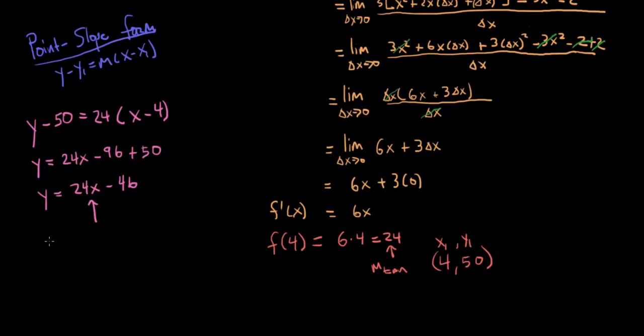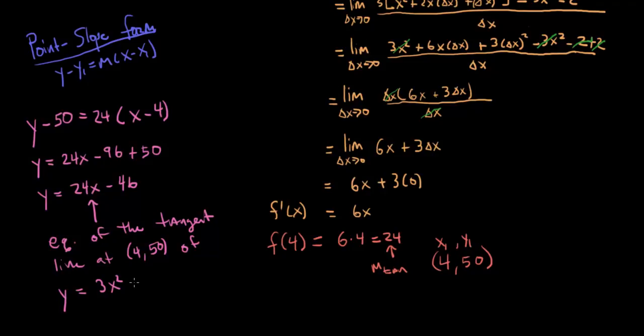So here is the equation of the tangent line at 4, 50 of y equals 3x squared plus 2.